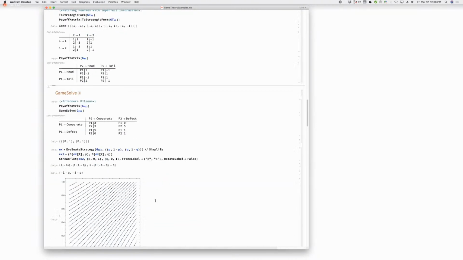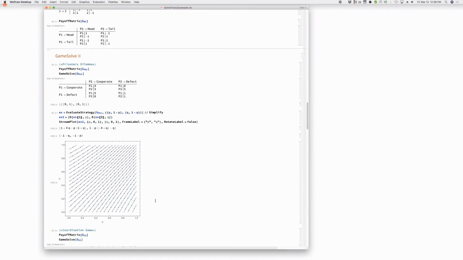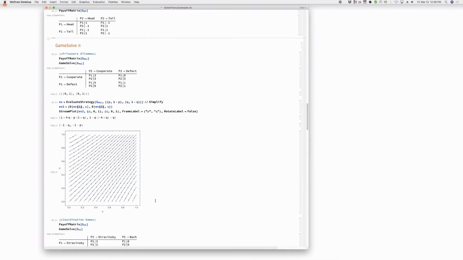Okay, let's look at game solve. In game solve, I just wanted to show how the input and the output would look. Here, for example, you have the payoff matrix of the prisoner's dilemma, and game solve gives you a pair of strategies. Here, for example, this 0, 1, 0, 1 means that both players should defect in the Nash equilibrium.